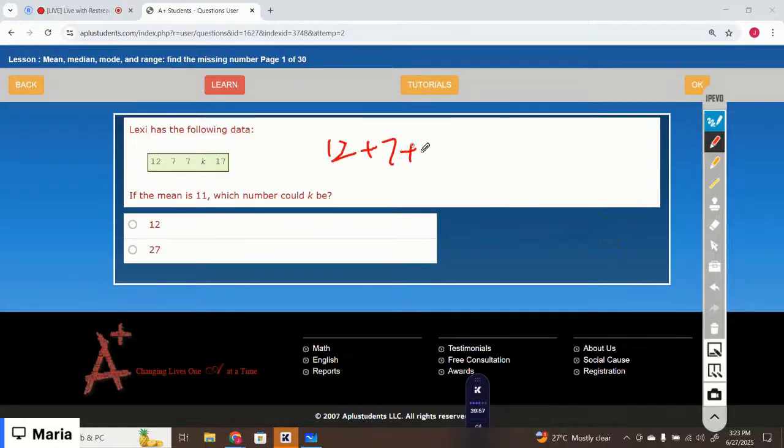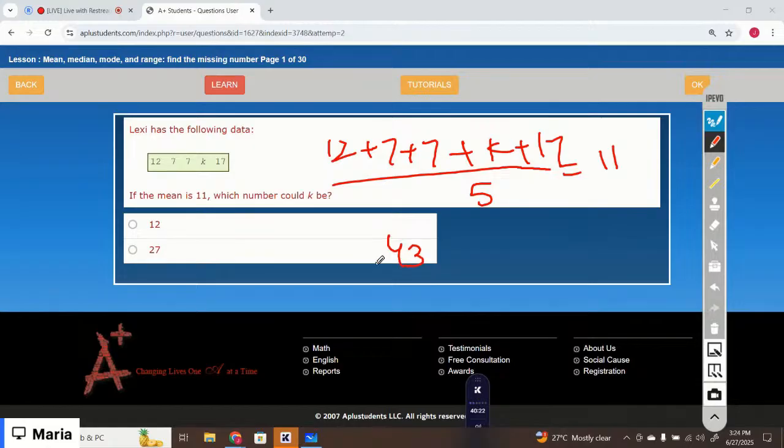So 12 plus 7 plus 7 plus k plus 4, divided by 5, equals 11. That is 30 plus k, and 5 times the mean must be 55.